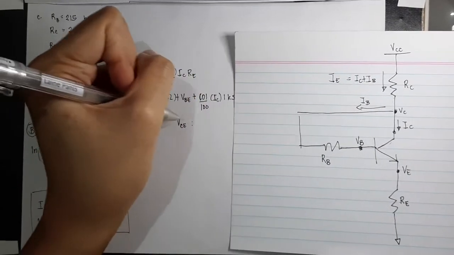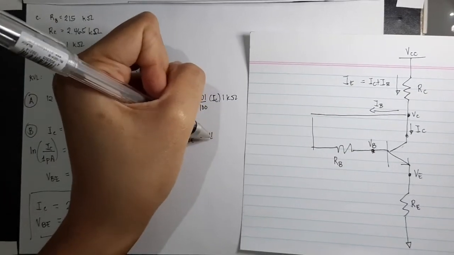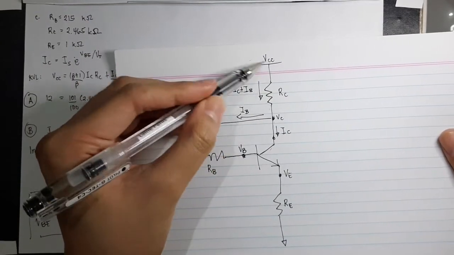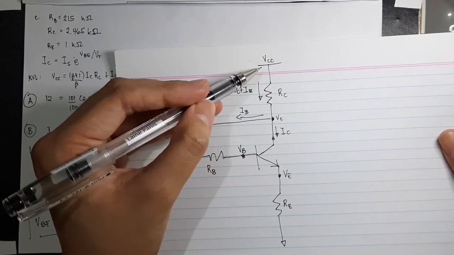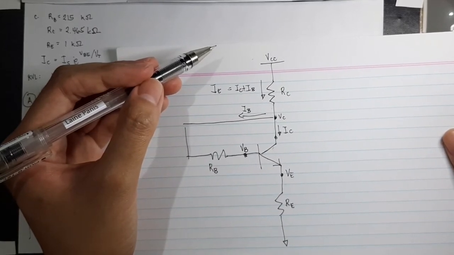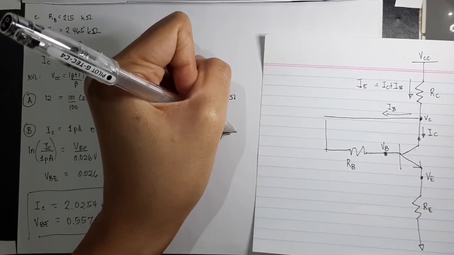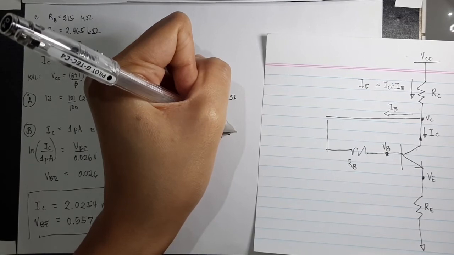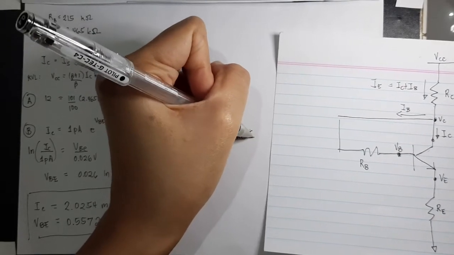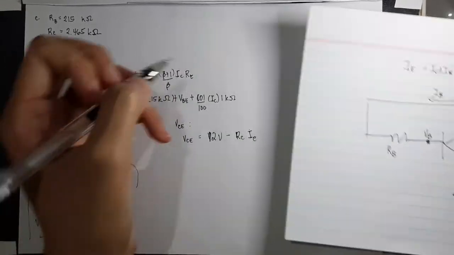So that's VCE equals VCC, or that's 12 volts, minus yung voltage in this part, and across this resistor is RC times IE, minus yung voltage across RE.